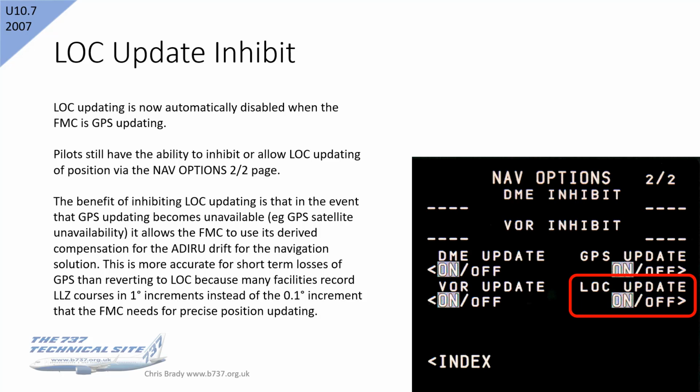We still have the ability to inhibit or allow lock updating of position via the nav options 2 page, so we can still select this if we wish. But the benefit of inhibiting lock updating is that in the event that GPS updating becomes unavailable because of, say, satellite unavailability, it allows the FMC to use its derived compensation for the ADIU drift for the nav solution, and this is much more accurate than using lock updating.